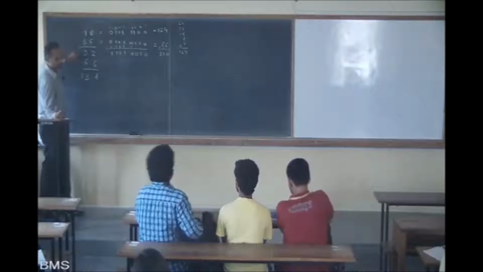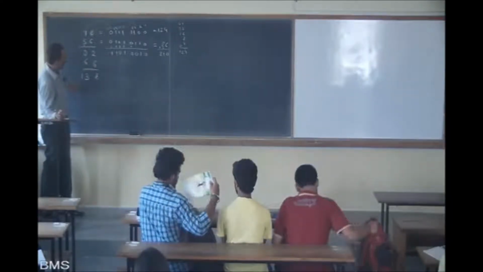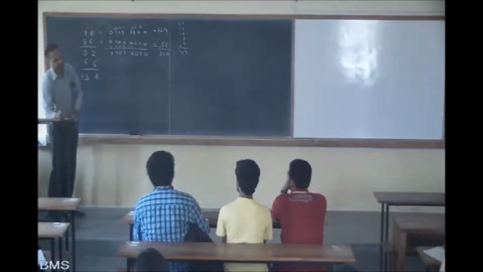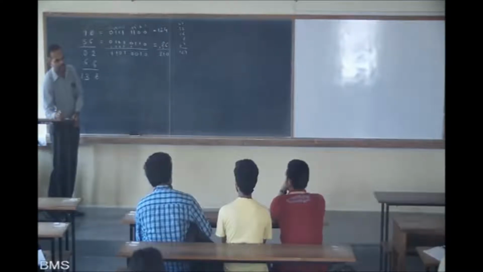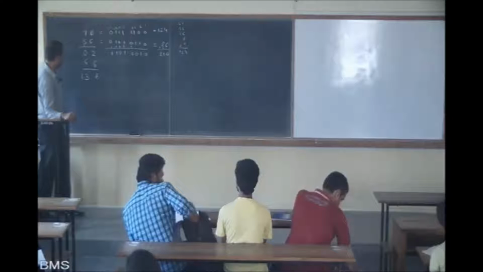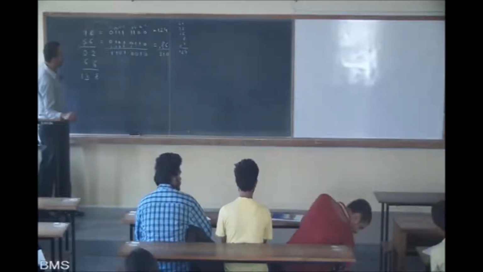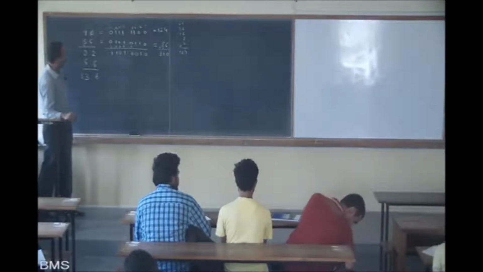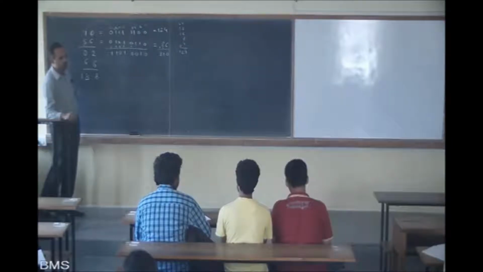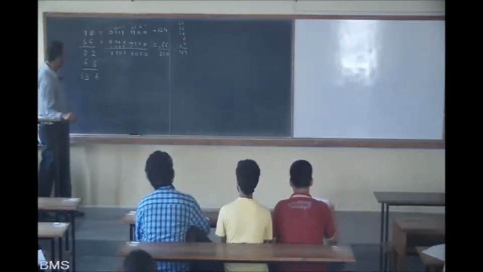Now see this. D2, if I convert this into decimal, it is 138. Convert D2 into decimal and see what the number is. 210 you will get.